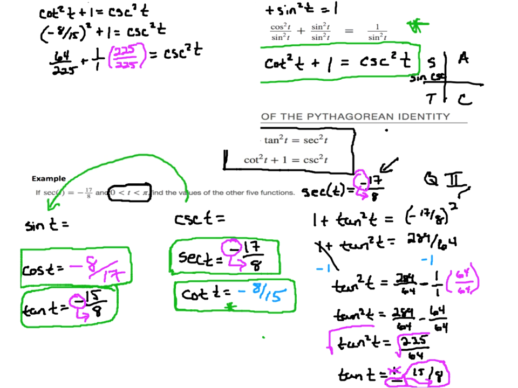So 64 plus 225 is 289. I think that's 17 squared. 289 over 225 equals the cosecant squared of t. I'm going to take the square root of both sides.